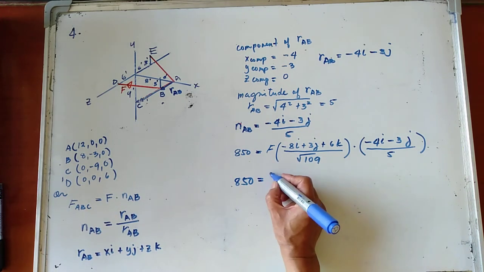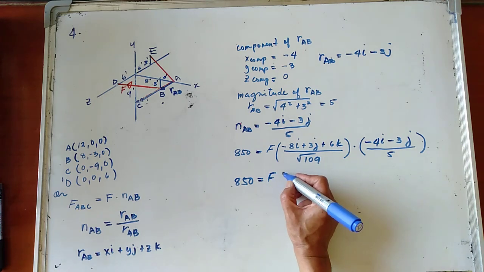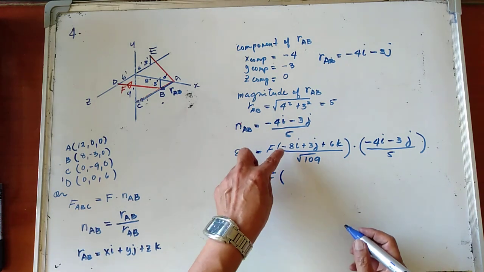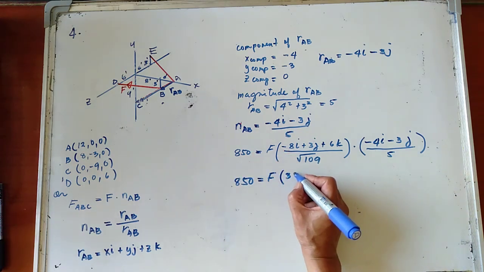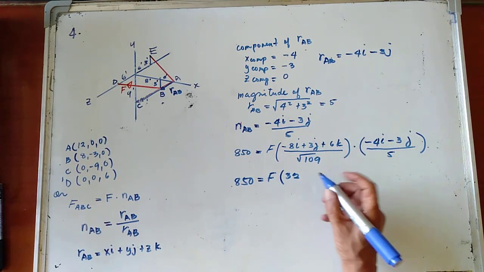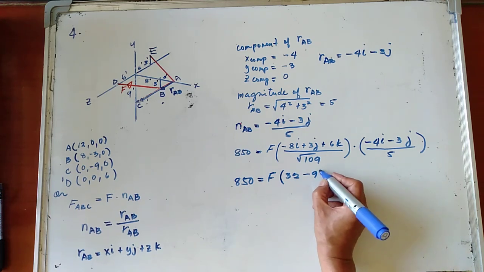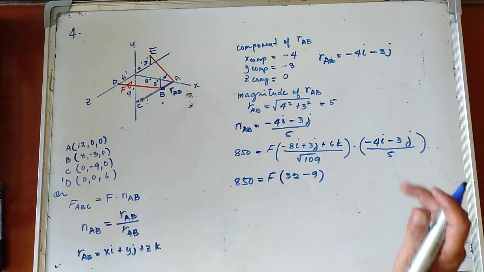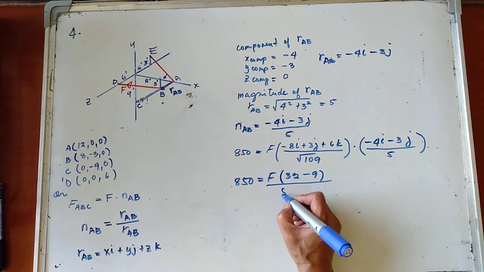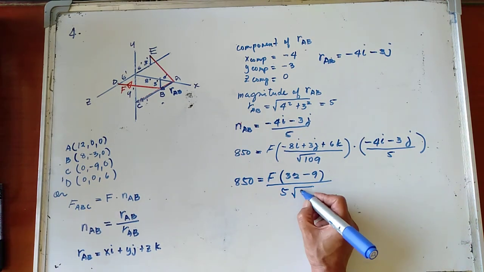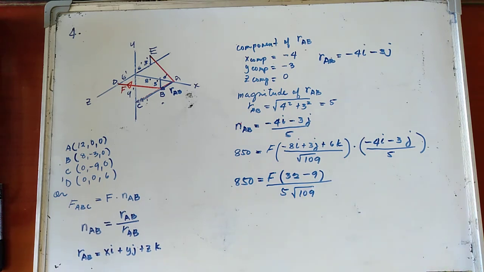And therefore 850 is now equal to F. So we have minus 8 times minus 4 is positive 32, and then that is minus 9. So we do not have K again, all over 5 the square root of 109.